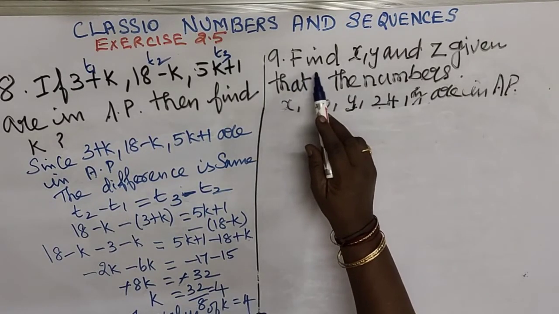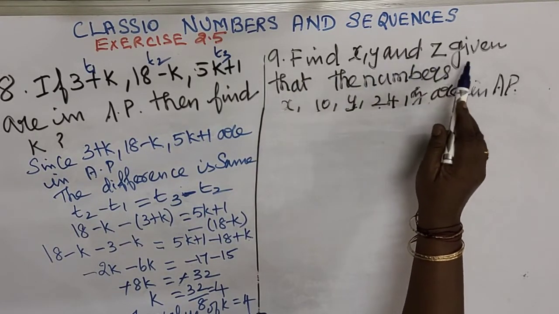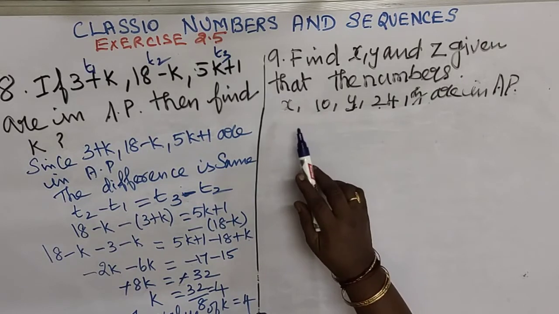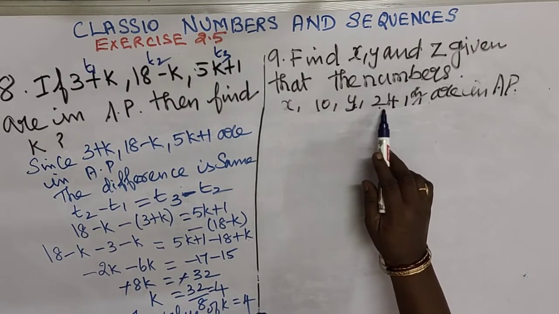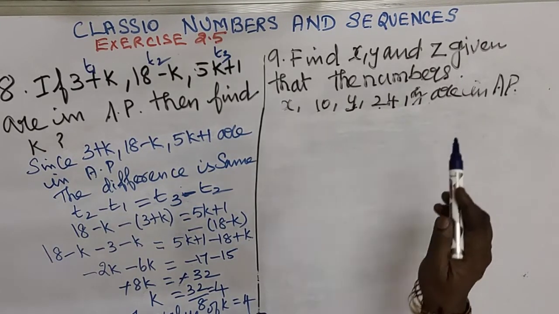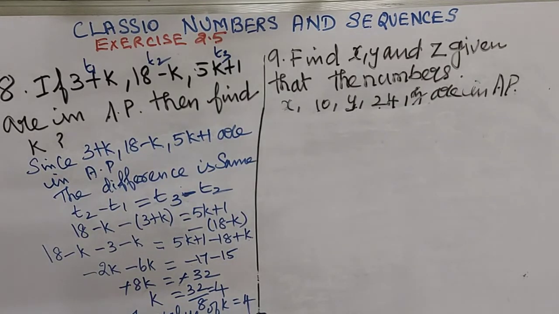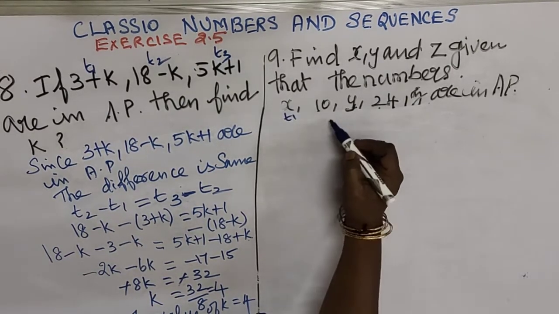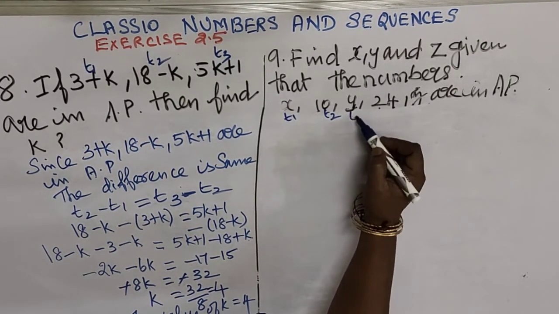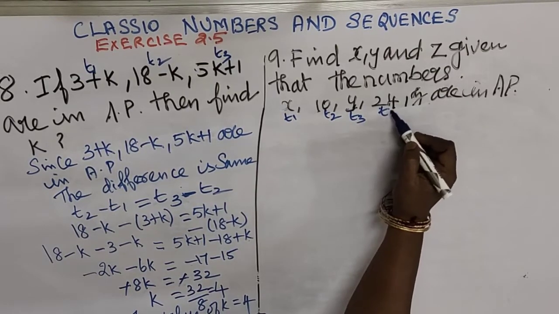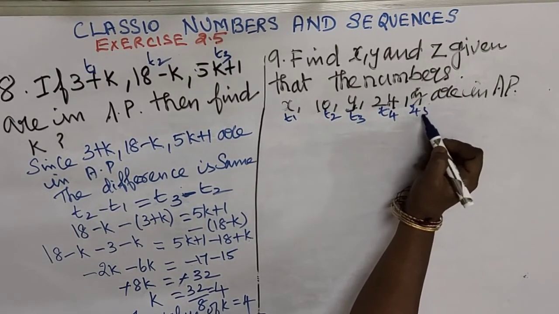Ninth sum: find x, y and z given that the numbers x, 10, y, 24, z are in AP. Since these terms are in AP, the difference must be common. Here x is T1, T2 is 10, T3 is y, T4 is 24, T5 is z.